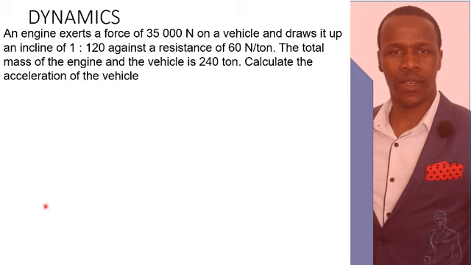Alright, now let's analyze our statement. Let's analyze the terms that are important to us. Number 1, we have the force exerted by the engine, that is Ft. We have Fr right here. And we have the mass. Obviously Fr will equal, remember what we said before, Newton per ton times ton will give us newtons only.